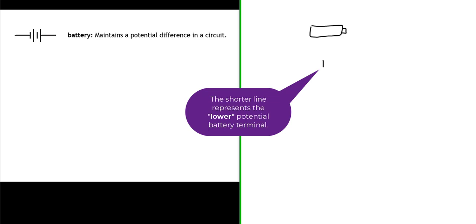Batteries you might put in your flashlight, or you might put in another electrical device. So let's say I had two batteries. Now, a single battery in a circuit is represented by two unequal parallel lines. So this represents a cell in a battery, or a single battery for our purposes.